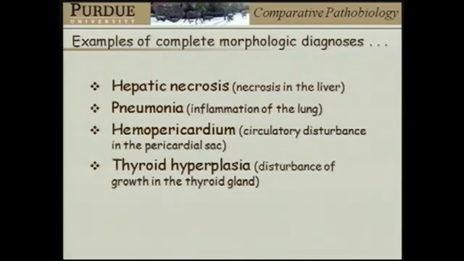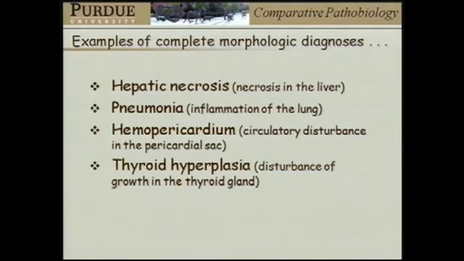So here are some examples of morphologic diagnoses that are complete. For instance, hepatic necrosis identifies the process as necrosis and identifies the tissue as liver. Pneumonia is a one-word complete morphologic diagnosis that tells us that the process is inflammation and the tissue affected is the lung.